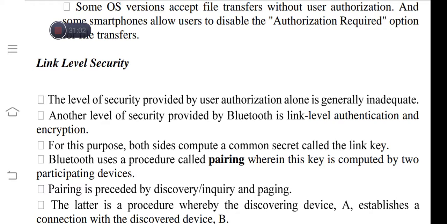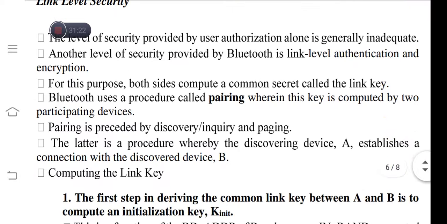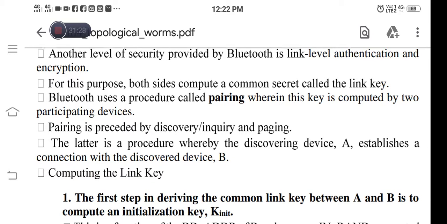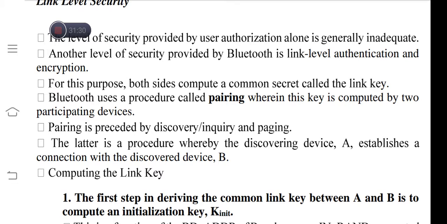Once device A has identified device B, communication between A and B will start through the pairing procedure. A establishes a connection with the discovered device B, followed by the pairing procedure.